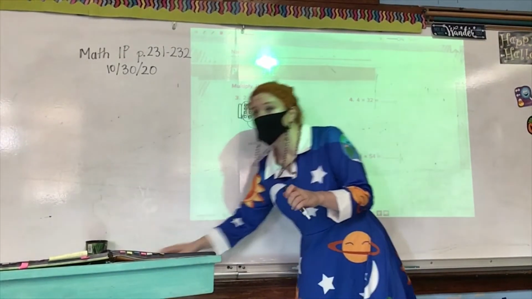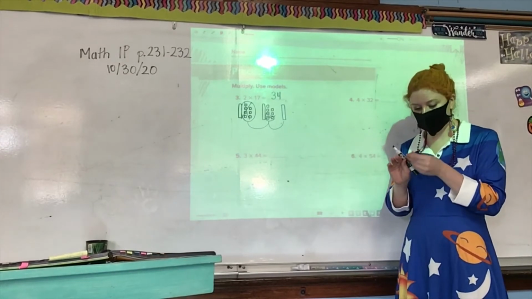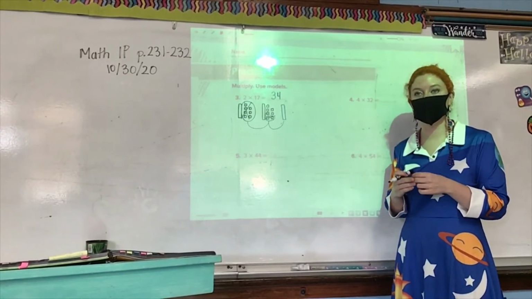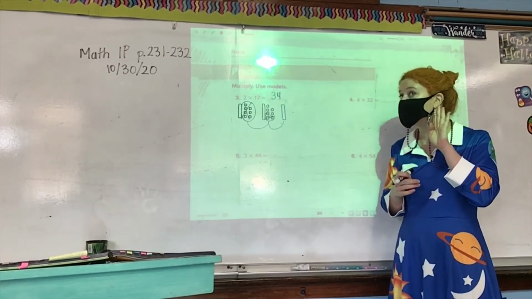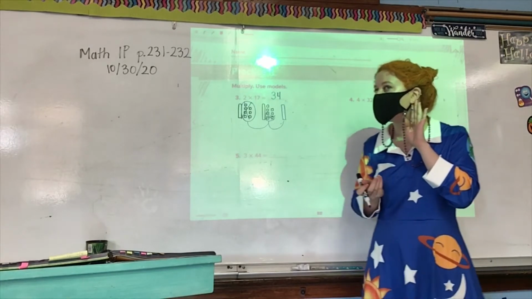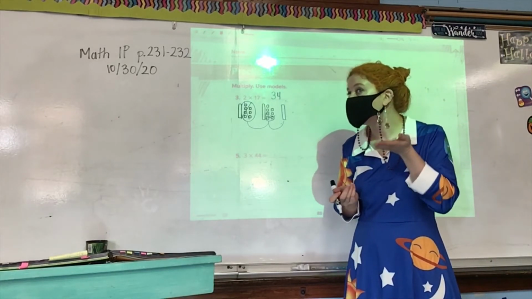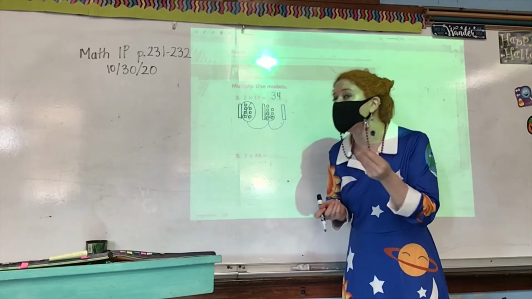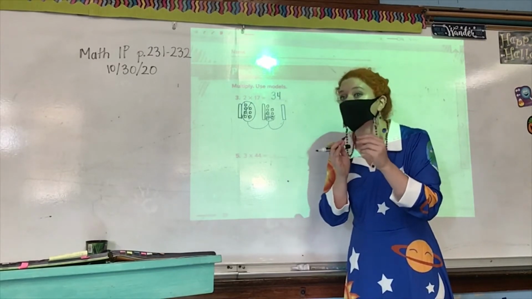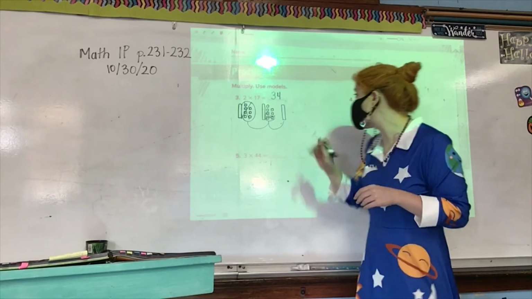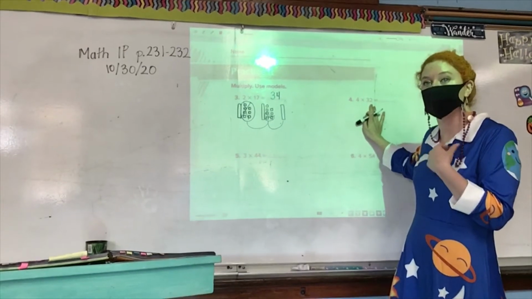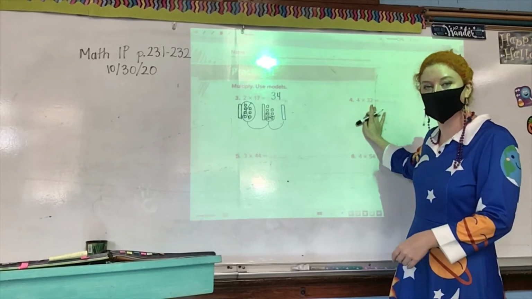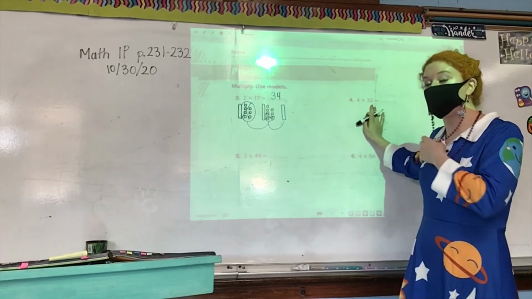Okay, Ethan, what's the first step when we are modeling multiplication with base 10 blocks? I can't hear you. Louder, like you're yelling. So I model my larger factor. What's my greatest factor?